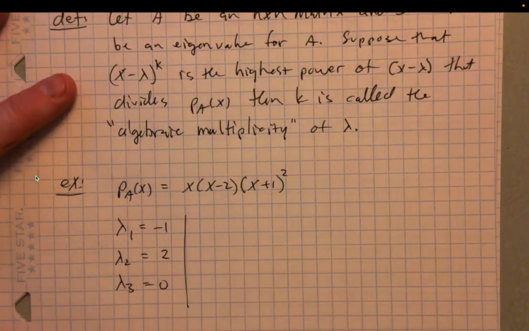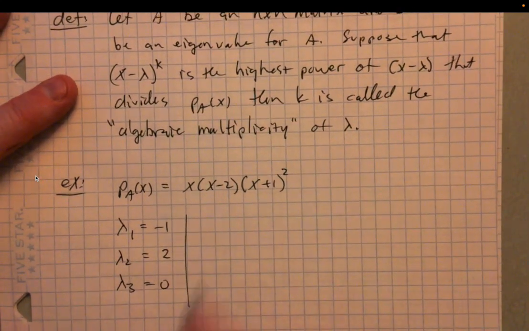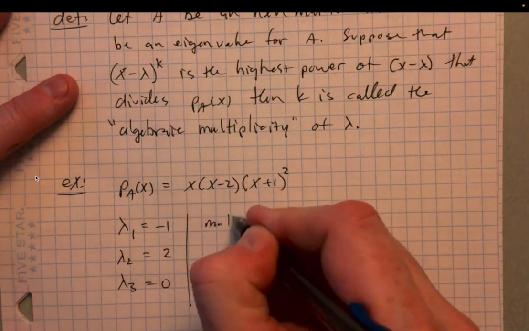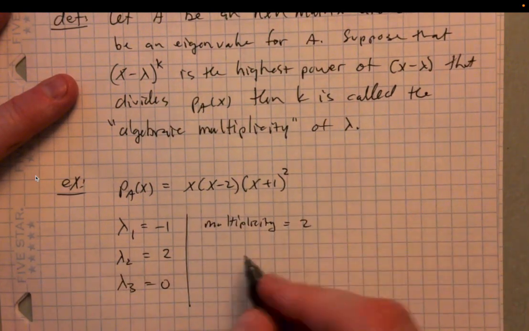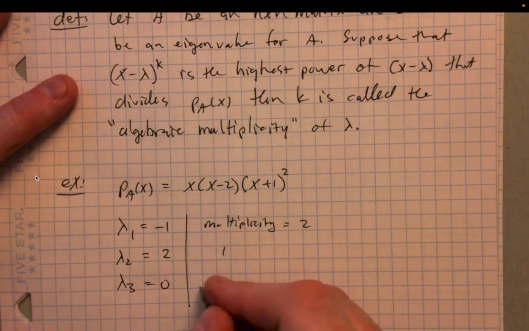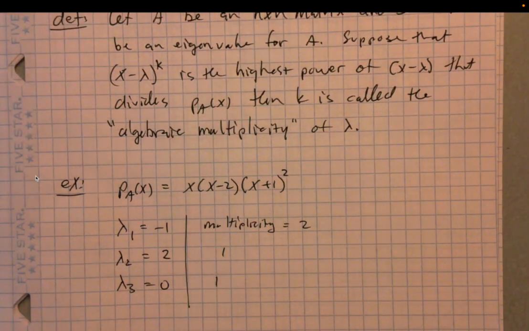What is the algebraic multiplicity of each of these? In this case, it's 2. In this case, it's 1. And in this case, it's 1. And you can just read those off of the characteristic polynomial, especially if you've got it factored down like this.